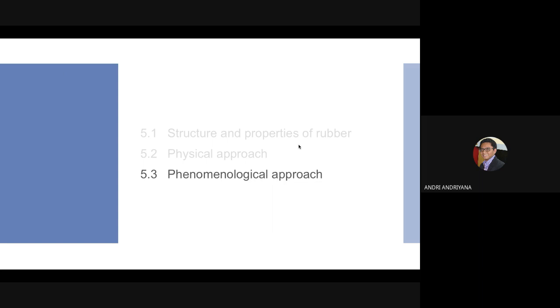That is the question: after how many cycles of loading will it fail. In these situations, a lot of studies have shown that it is better to use true stress. When we want to assess the durability, the strength of the materials, then it is better to use true stress.